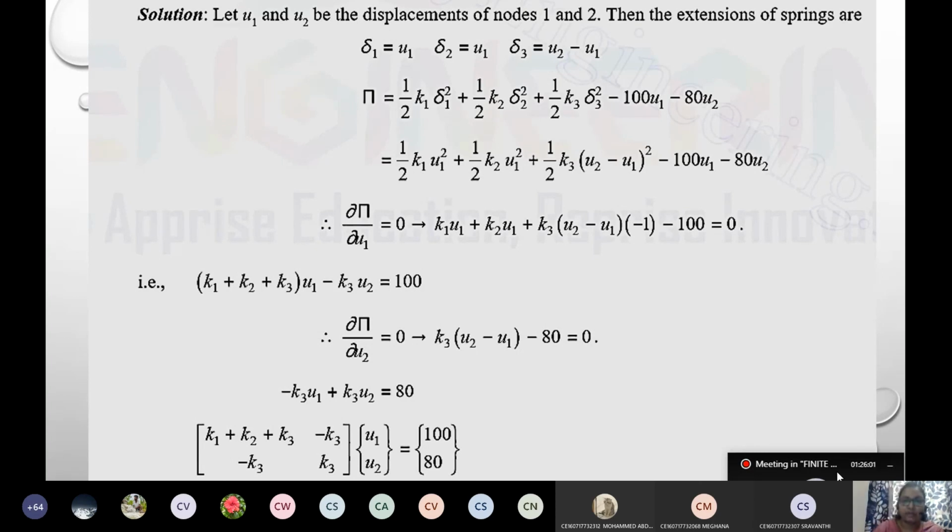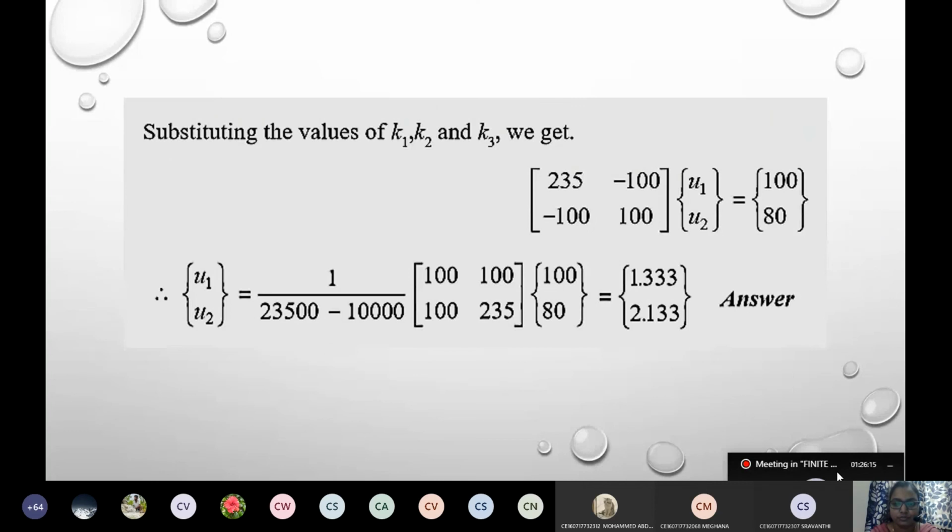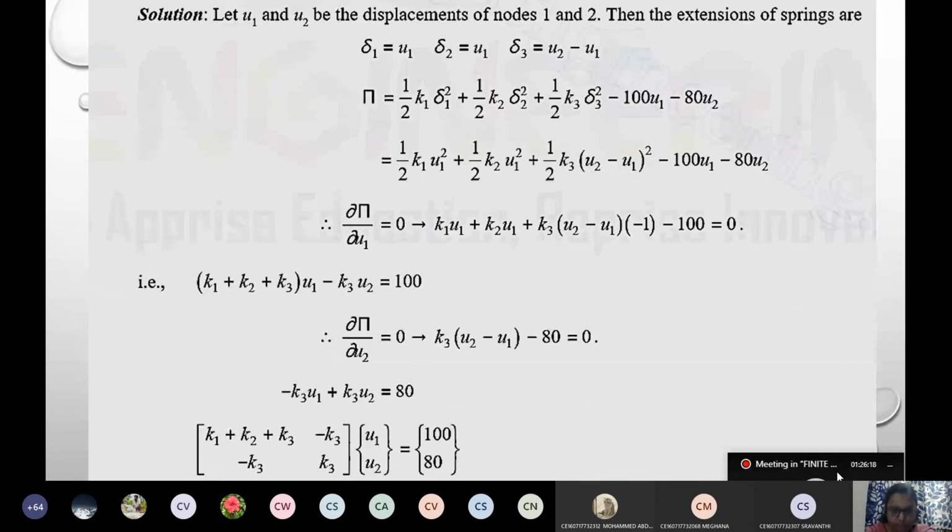Substitute the values of K. I ask you people to be ready with your calculators. It is just a 2 by 2 matrix. Multiplication of 2 by 2 and 2 by 1 is easy. Substitute that in the matrix and give me the answer. One member, please do it. Give me the answer for U1. Keep your hand raised.